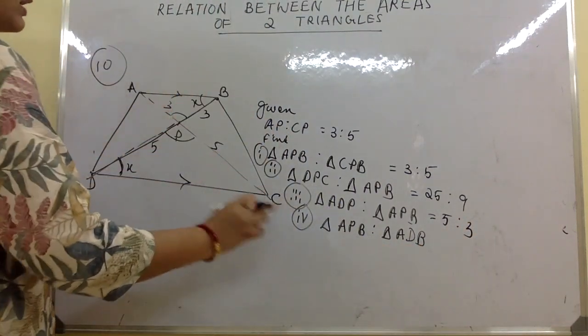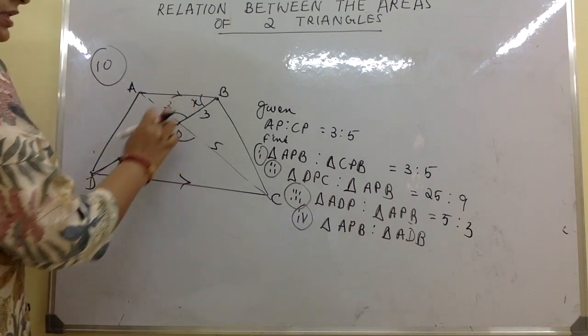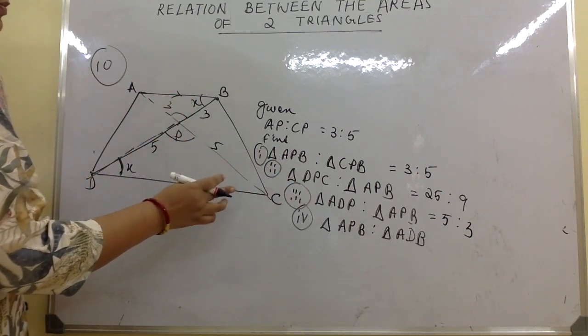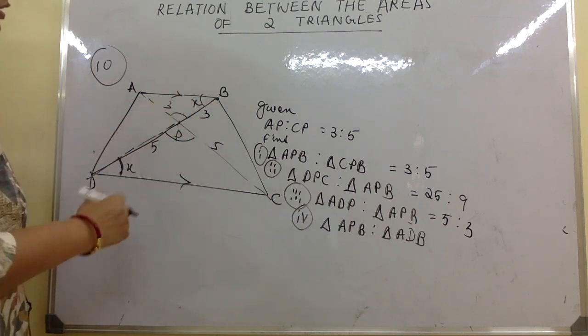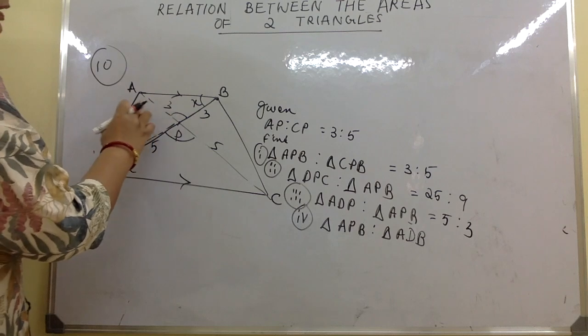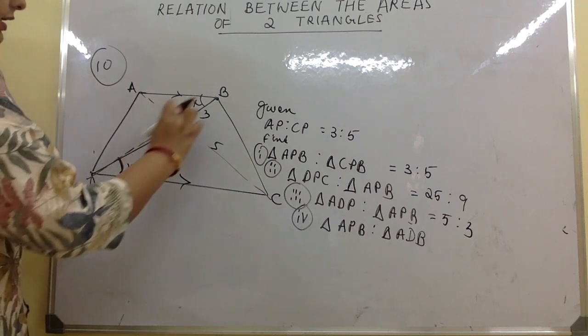Come to the last one, APB. APB, this one, and ADB, the big one. Now they are saying APB and ADB.